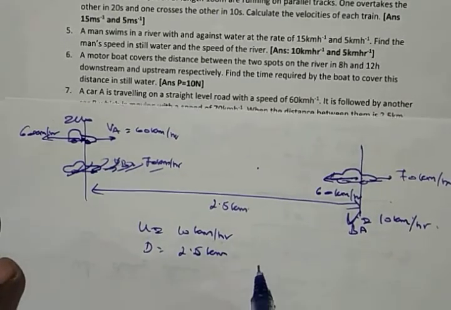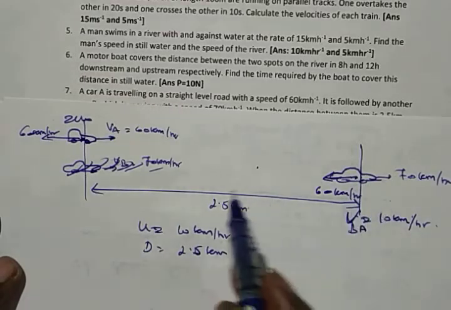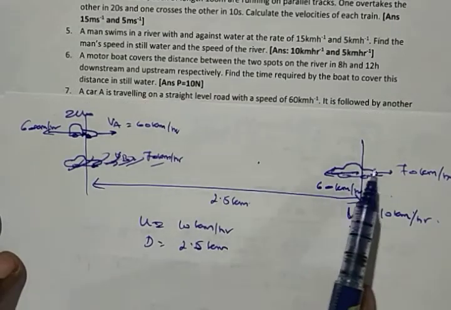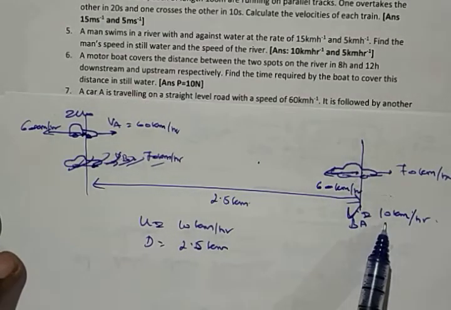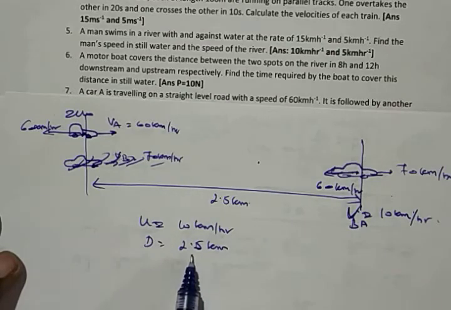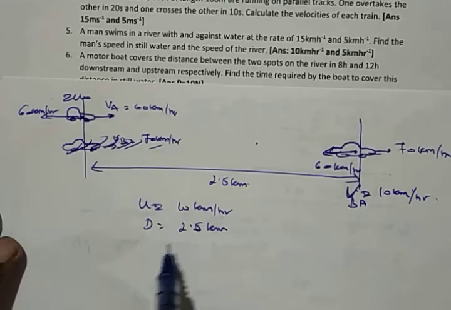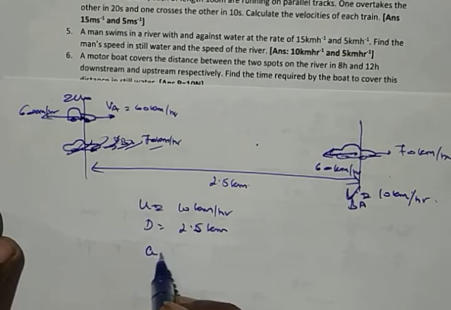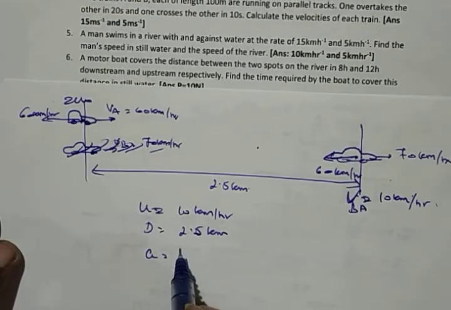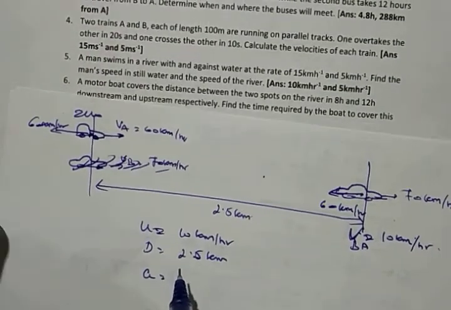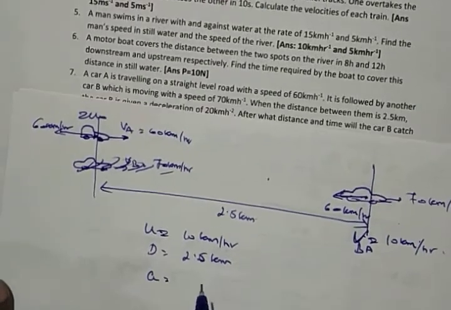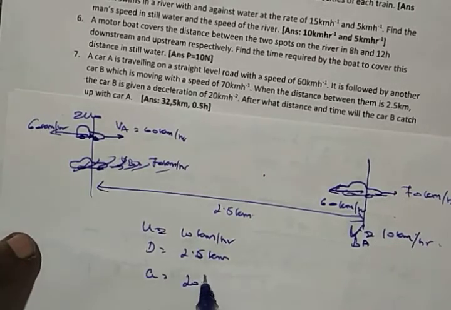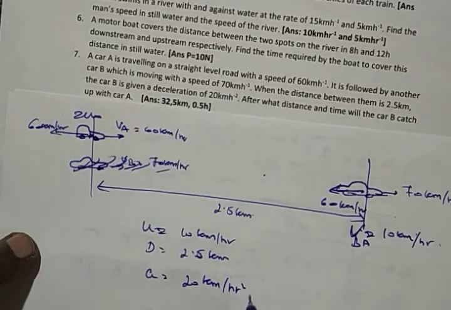Then it is now decelerating, stopping, bringing down the velocity. This one we are already putting at rest. Now we are trying to bring this car, slowing down from the initial velocity, over the distance of this much. When it is trying to slow down, the retardation is given here as 20 kilometers per hour squared.